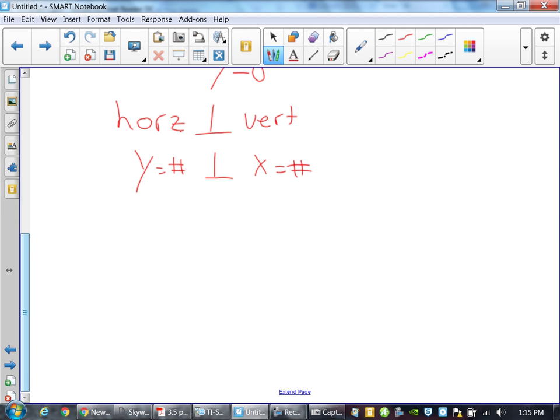So if you start out with an ordered pair, and that, x equals 4 is what kind? Horizontal or vertical? Vertical. Vertical is perpendicular to what? Horizontal.